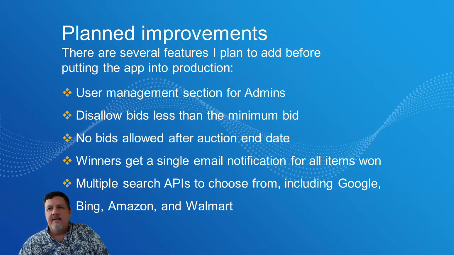Now that you've seen the operation of the app, here's some of the improvements I plan to make. The user management section for the admin, so that they can go in there and either remove people or change their passwords for them, send them messages about not paying, that kind of thing. Be able to disallow bids that are less than the minimum bid.